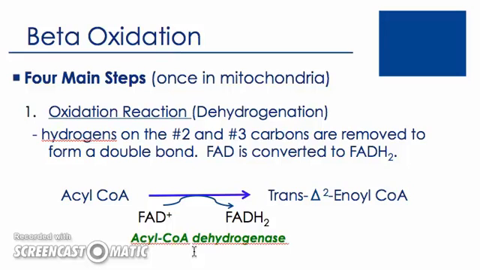In this oxidation step, the molecule being oxidized is the fatty acid. The hydrogens removed from the fatty acyl CoA are taken up by FAD to form FADH2, and this reduced FADH2 can be used for ATP production in the electron transport chain.